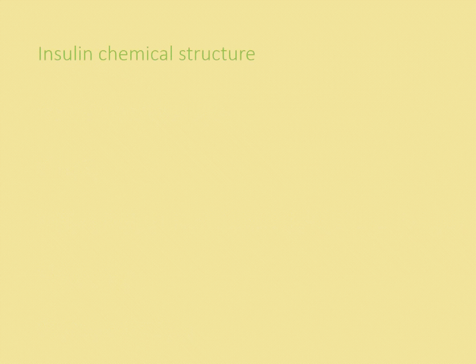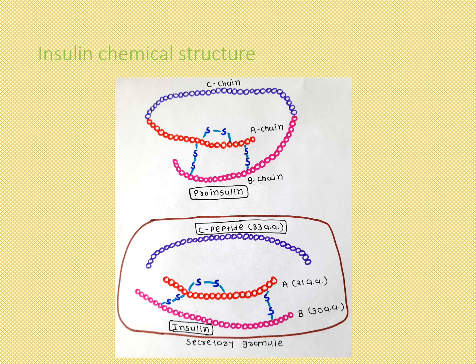Chemical structure of insulin. You can see the proinsulin, which is in the endoplasmic reticulum, having 86 amino acids, having C chain, A chain, and B chain.